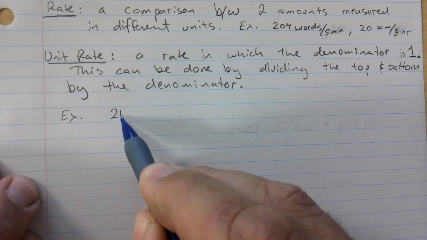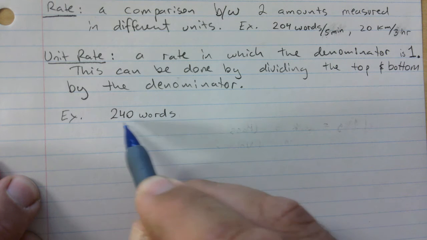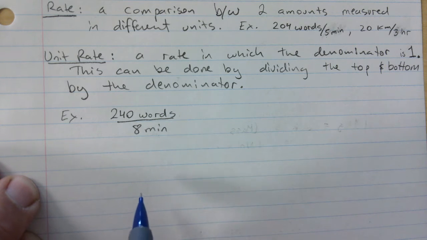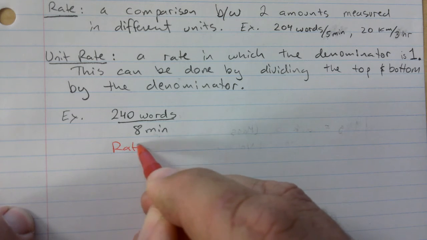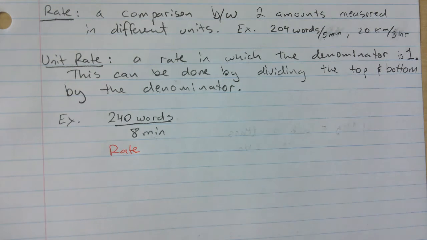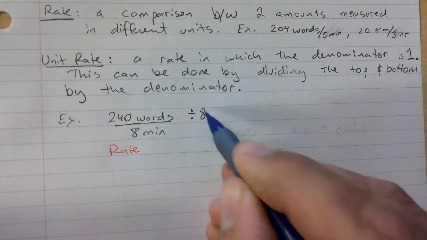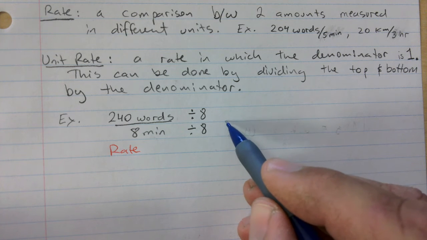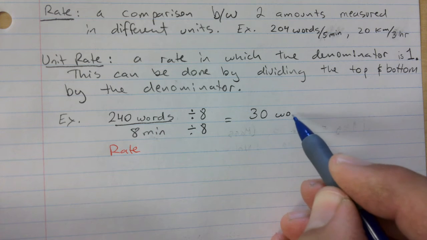Example, if you have 240 words in 8 minutes, let's say, and this would be a rate. If you were to divide both of them by 8, so you take the denominator and divide both of them by 8, that's when you get 30 words.